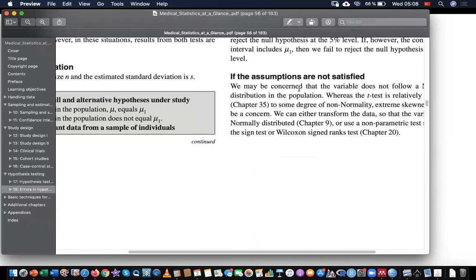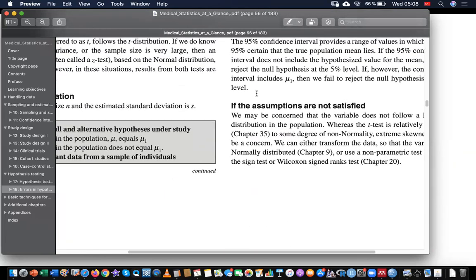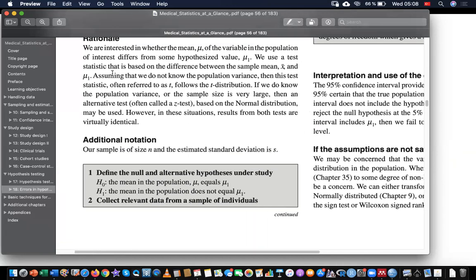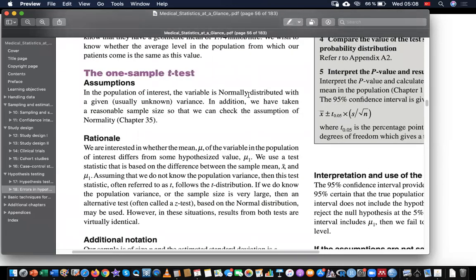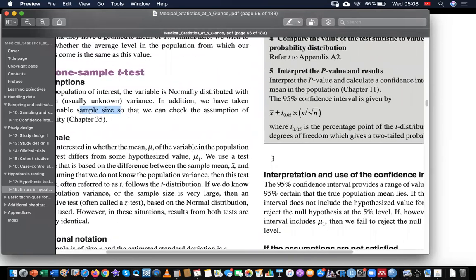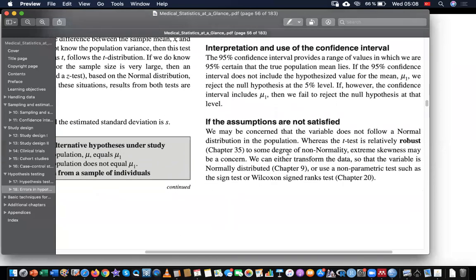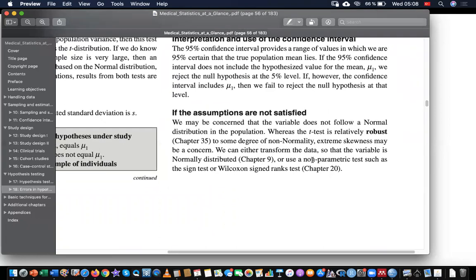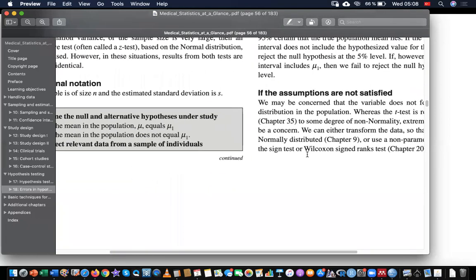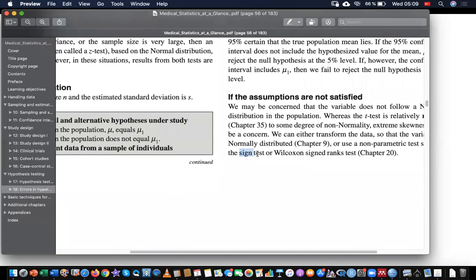If your assumptions are not satisfied, what does it mean if assumptions are not satisfied? If the assumptions were normal distribution and enough sample size. So if you don't have enough sample size, or it is not normally distributed, then we have to do the sign test or the Wilcoxon signed rank test. But sign test, if you remember sign test, it is enough.